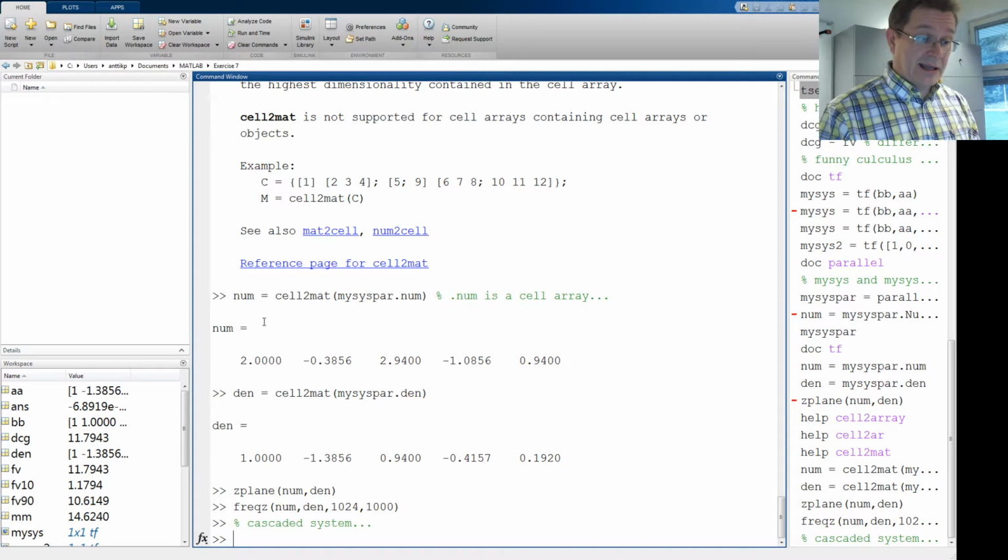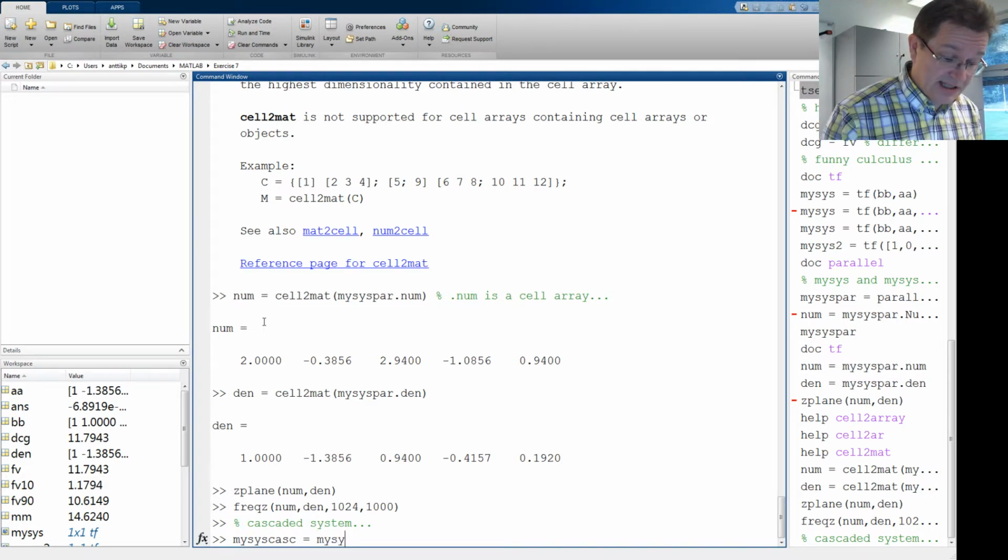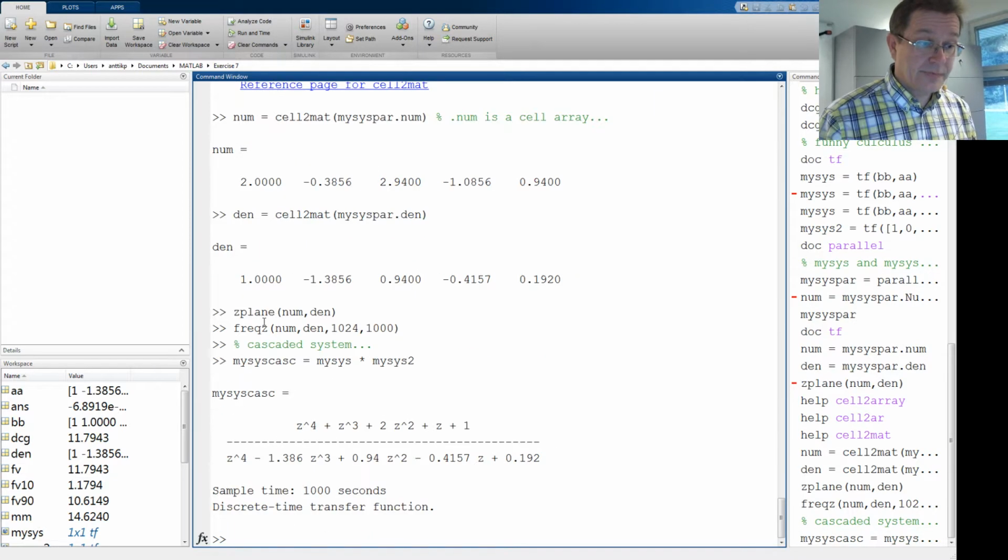If we had a cascaded system, that would be just multiplication. Let me try something here. I think I can do mySys times mySys2. Yoo-hoo! So that is the cascaded system.